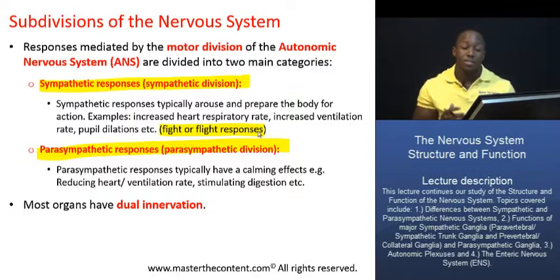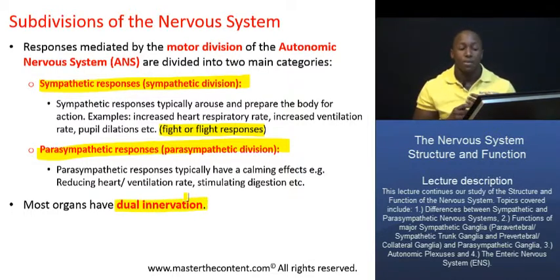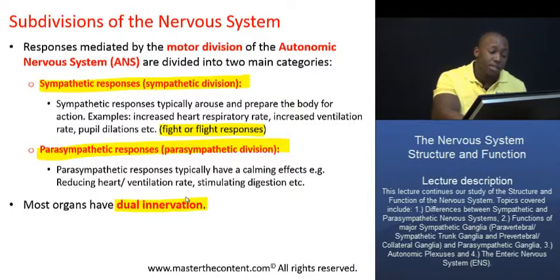Now, with the exception of very few organs in the body, most organs will have what we call dual innervation. So they're going to be innervated by both nervous tissue from the sympathetic division and nervous tissue from the parasympathetic division as well.